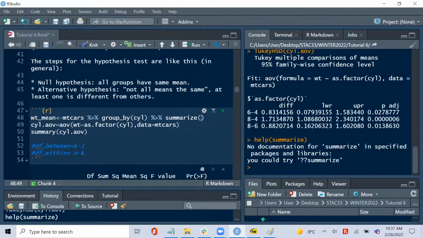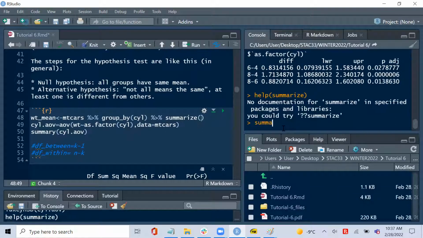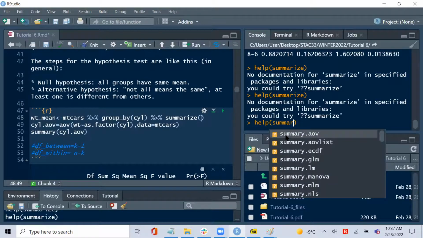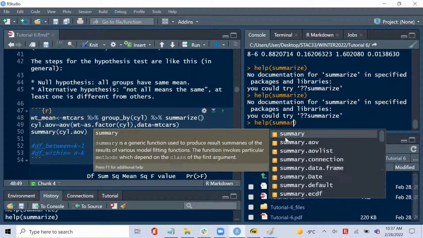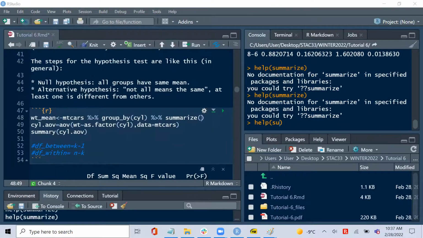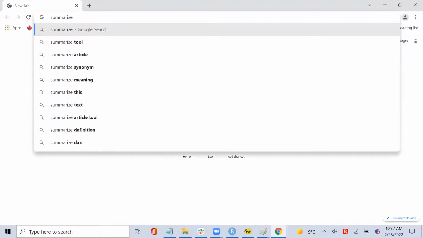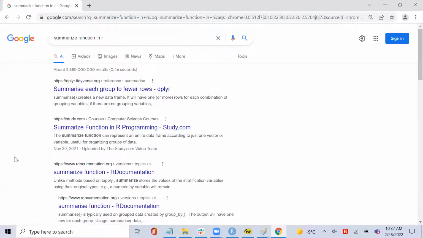I don't want to use base R, it's got to be summarize. Maybe it's help summarize. I'm determined to figure it out. Let me see, summarize function in tidyverse. This is real time me troubleshooting, basically.